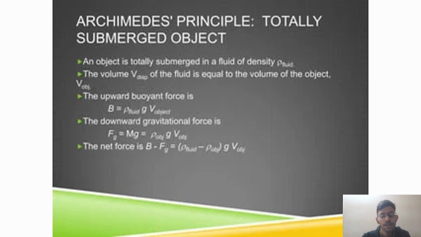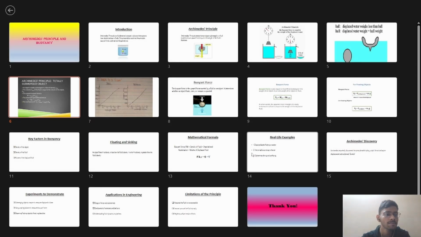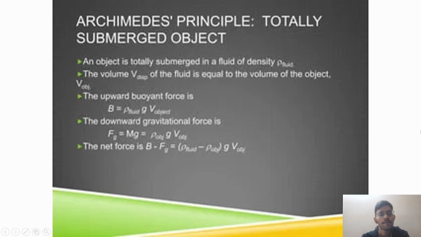And we know that the downward gravitational force is Fg equal to mass of the body into acceleration due to gravity, which is equal to rho of the object into g into volume of the object. So the net force will be rho fluid minus rho object into g into volume of the object. This is the mathematical analysis of Archimedes principle.